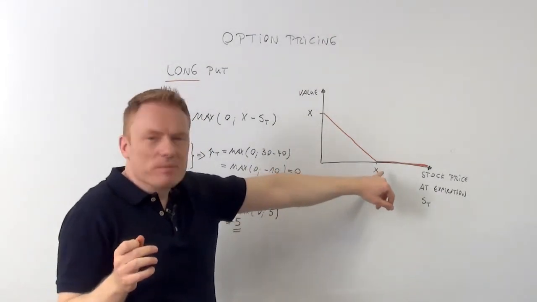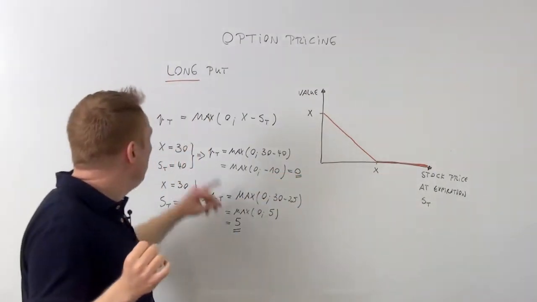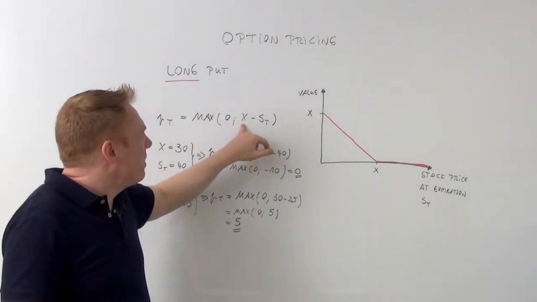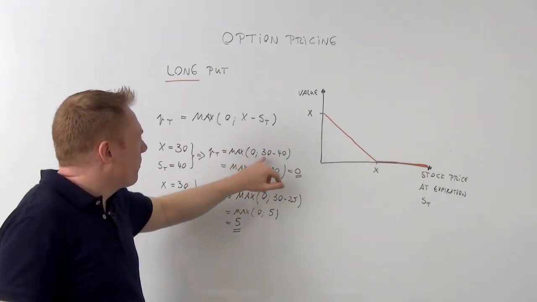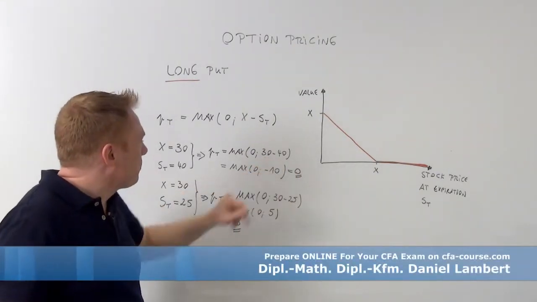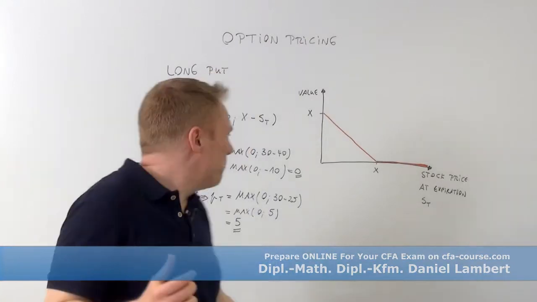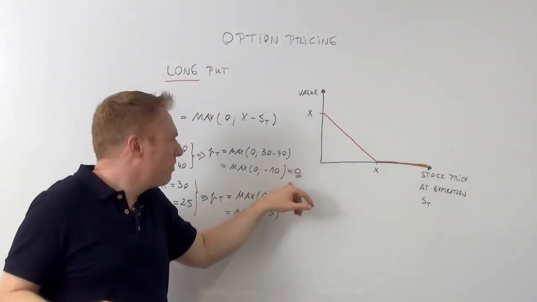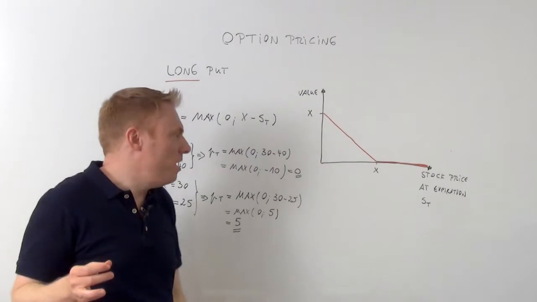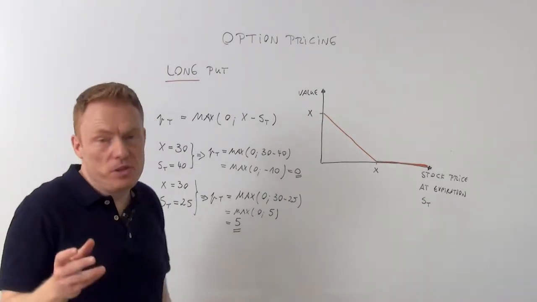The owner of the put is not going to exercise it, because the value is the maximum of 0 and X minus S sub T. So 30, the exercise price, minus the stock price at expiration gives us the maximum of 0 and minus 10, equal to 0. So there's no value at all. There is no use in exercising this put option if the stock price at expiration is strictly superior to the exercise price.